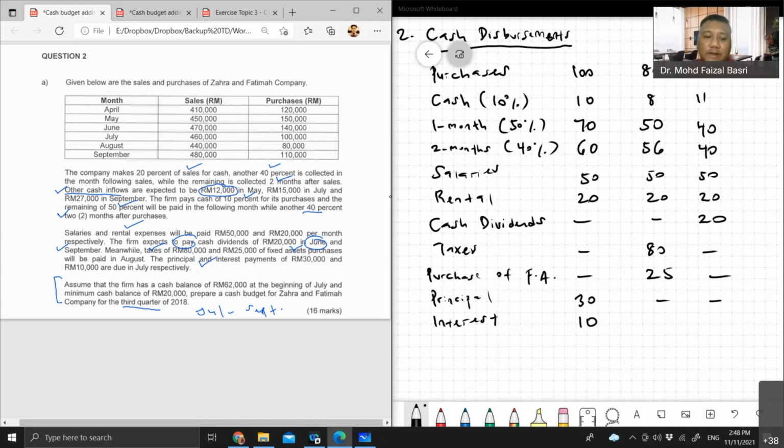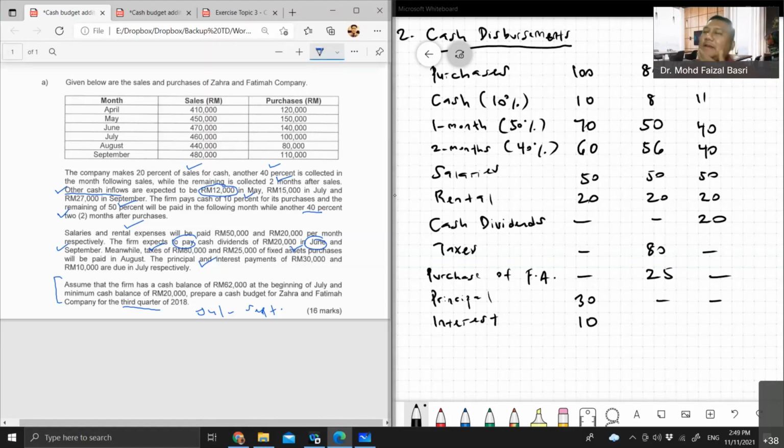Just to remind you, if you watch the video or refer to the notes, there's one transaction that, if mentioned in the question, please do not record in your cash budget. What is this transaction? What is it called? Depreciation. If you see depreciation in any of the information in your assumptions, please don't record it in your statements.